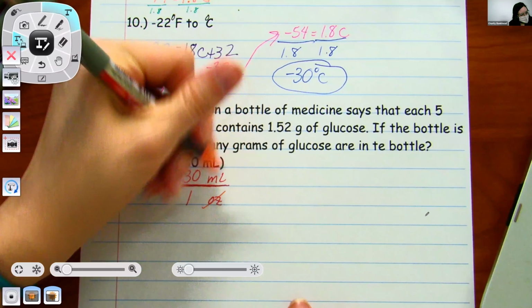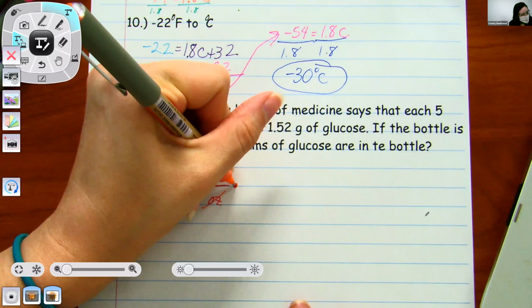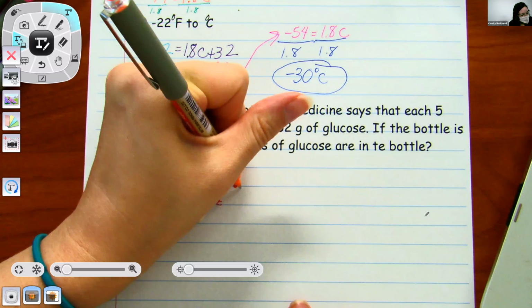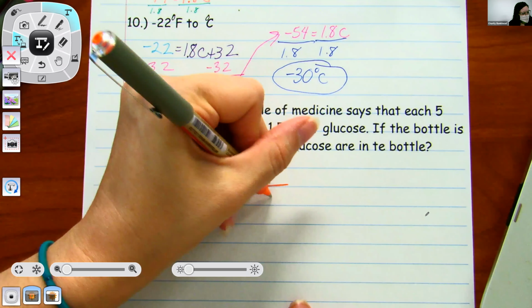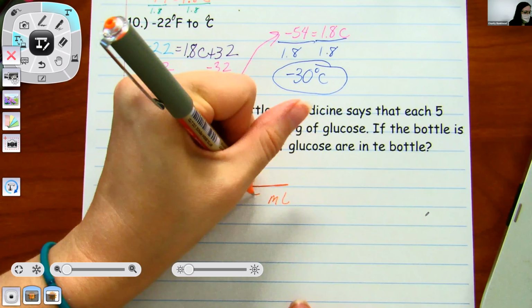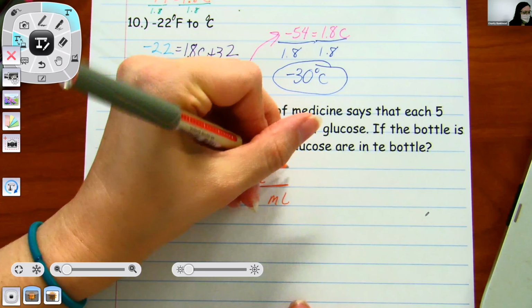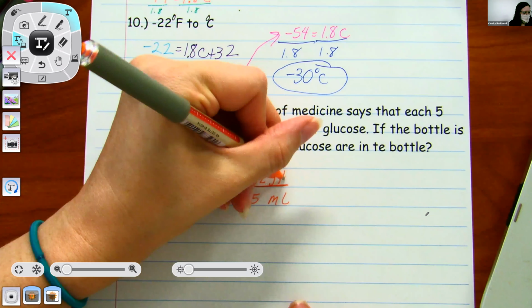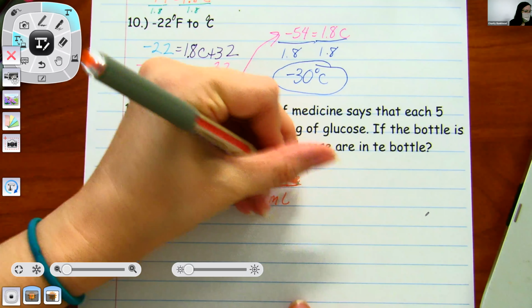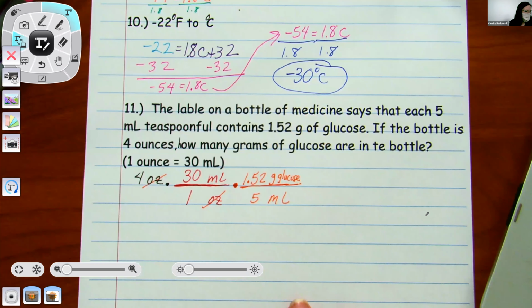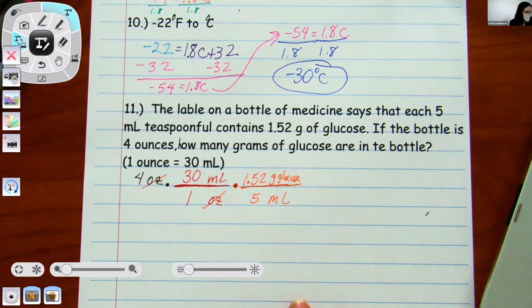And then it tells us that for every 5 milliliters, there's 1.52 grams of glucose. We want to know how many grams of glucose are in the whole bottle.